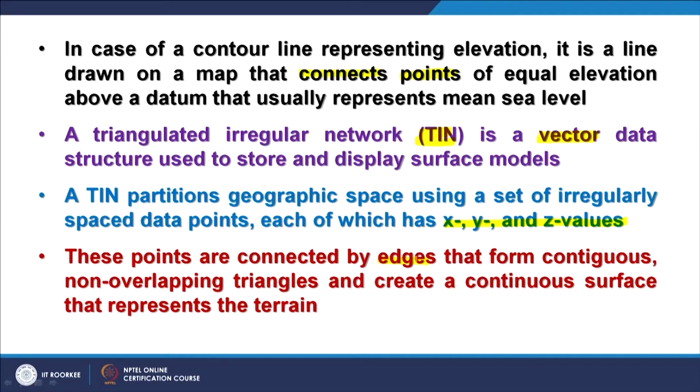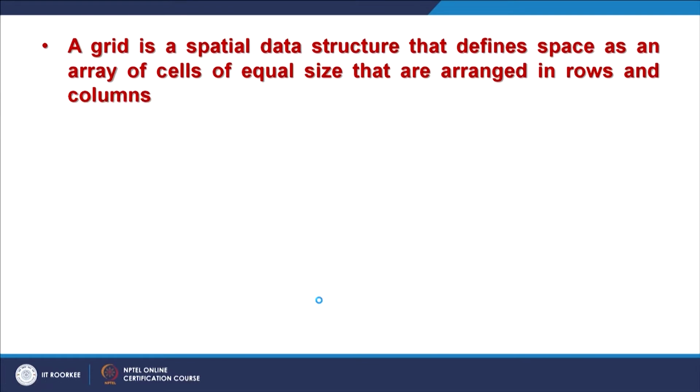And these points in a TIN basically connect the edges, which then form contiguous, non-overlapping, this is very important, non-overlapping triangles and create a continuous surface that represents the terrain. So terrain can also be represented using a TIN.